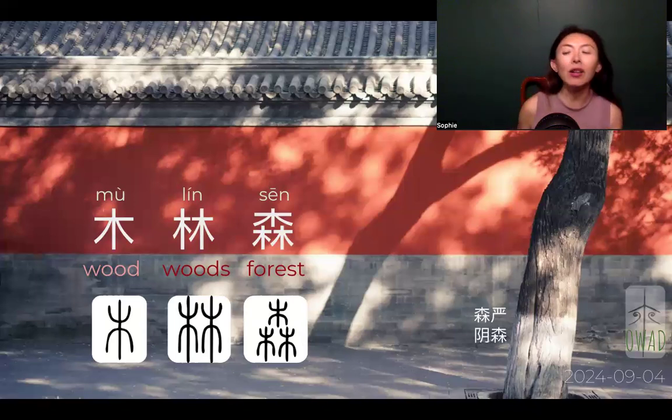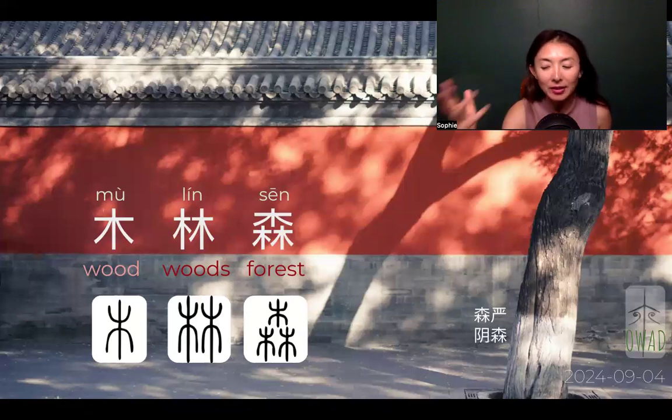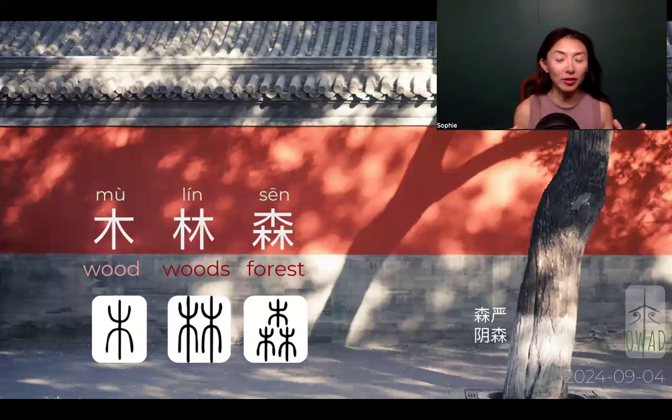And I further deduce that woods are probably more like a piece or cluster of the same type of trees that's most likely planted by humans, planting economic trees for use by humans. So it's like an artificial forest, so to speak.